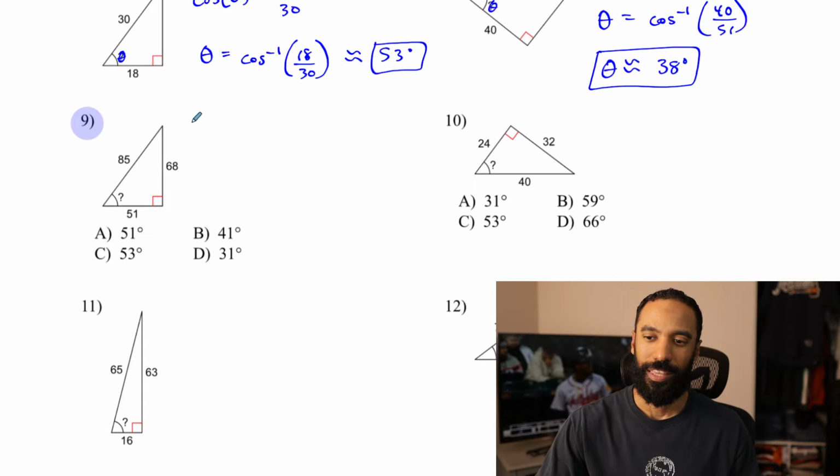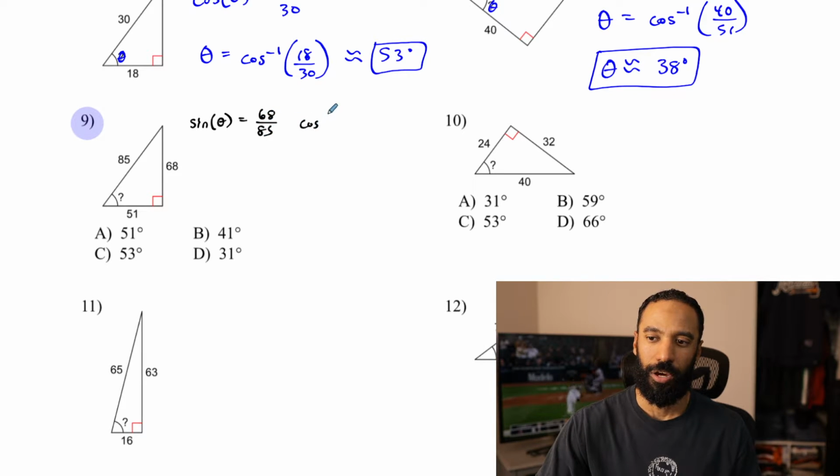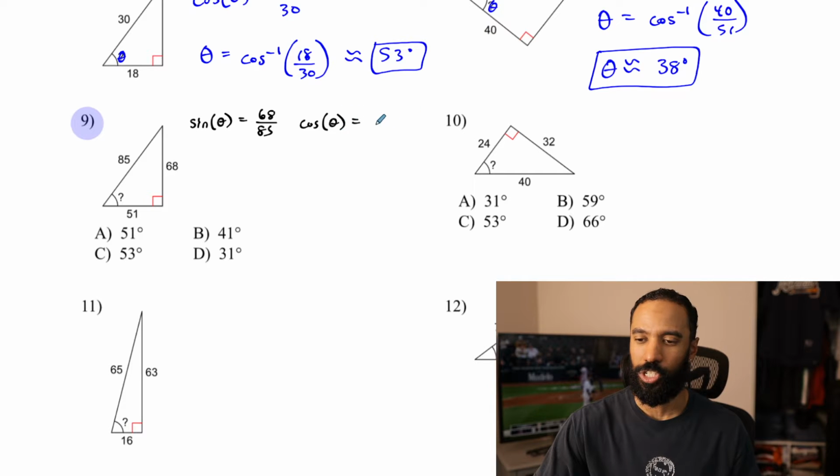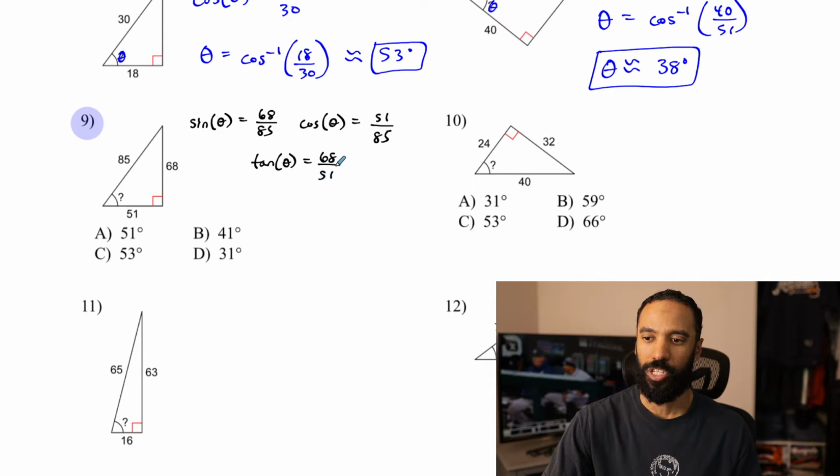You have the sine of, let's still call that theta. The sine of theta is opposite over hypotenuse. The cosine of theta is adjacent over hypotenuse, and the tangent of theta is opposite over adjacent. What does this mean?